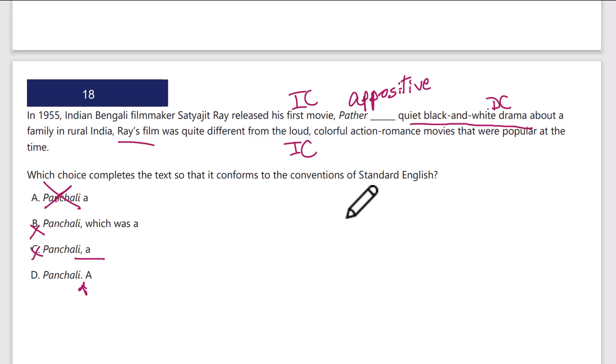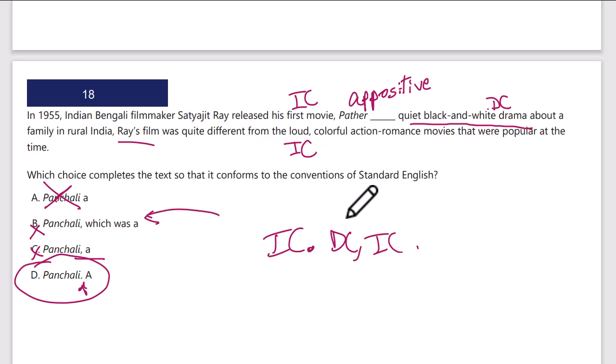Independent clause: Ray's film was quite different from the loud, colorful action romance movies that were popular. That's exactly what's going on. This is our classic, what's now going to be a new classic: independent clause, period, then dependent clause, comma, independent clause. It's testing the boundaries, and they often give you parentheticals and such as possibilities, but more often than not, the answer is a period and then the dependent, comma, independent clause to follow.